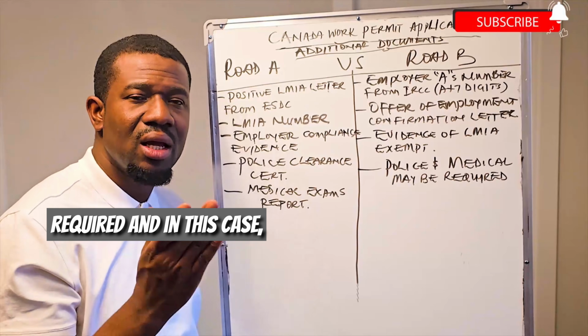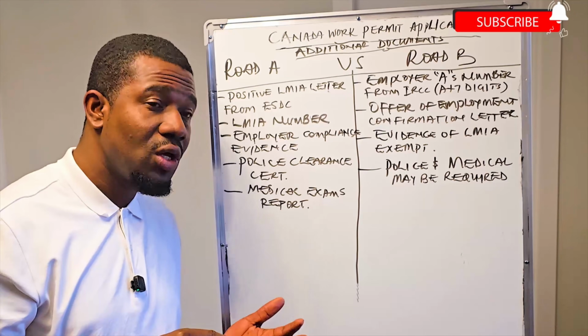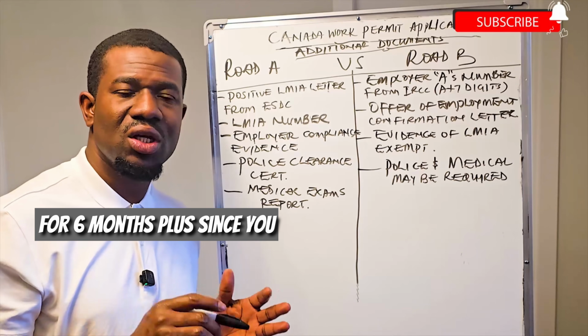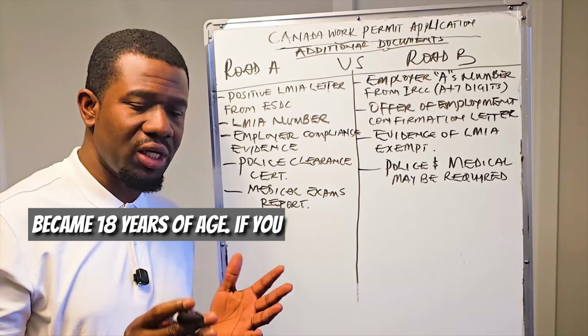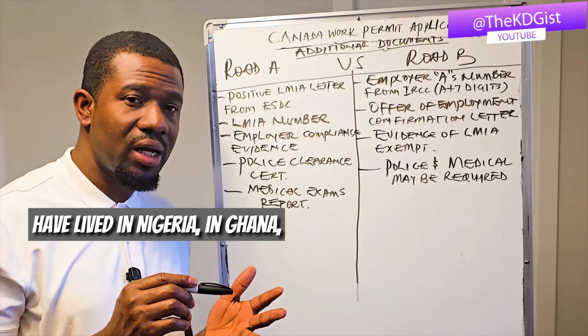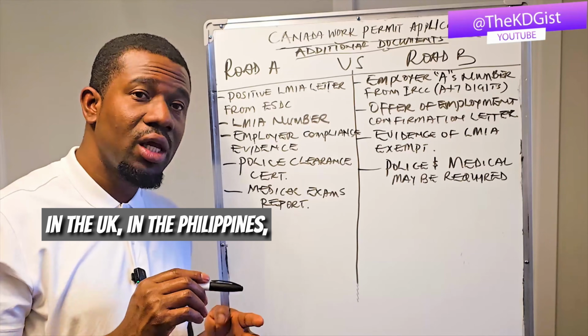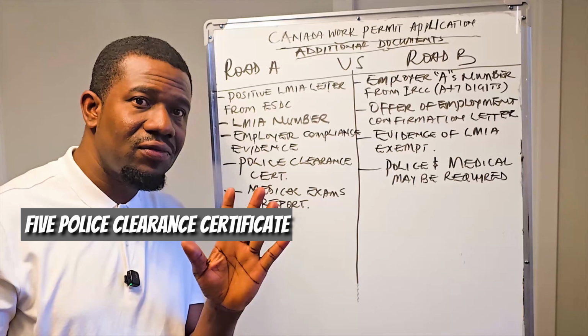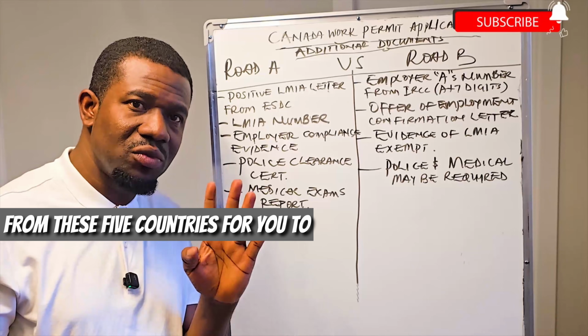In this case, police reports involve any country that you have lived in for 6 months plus since you became 18 years of age. If you have lived in Nigeria, Ghana, the UK, the Philippines, and India, you need 5 police clearance certificates from these 5 countries.